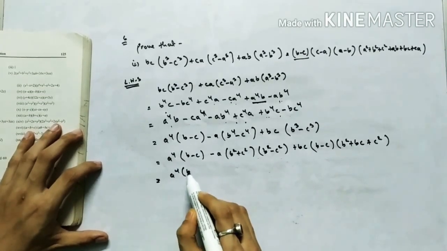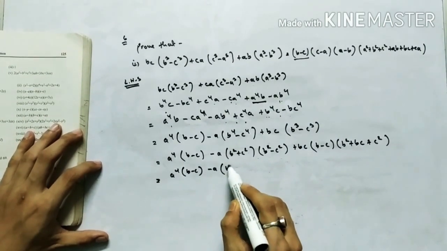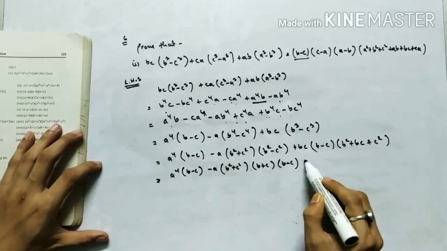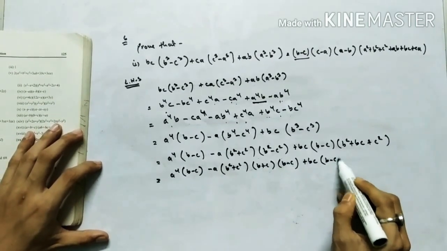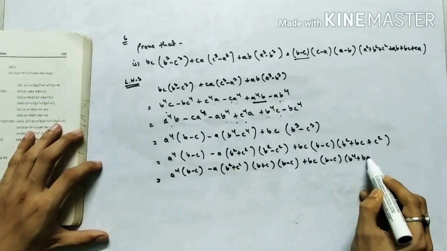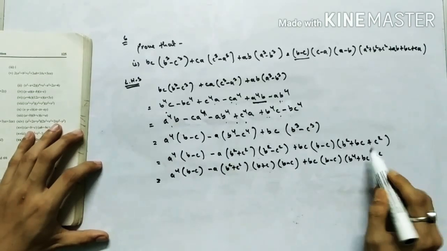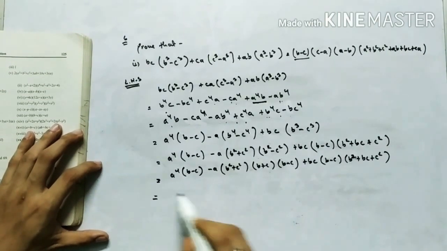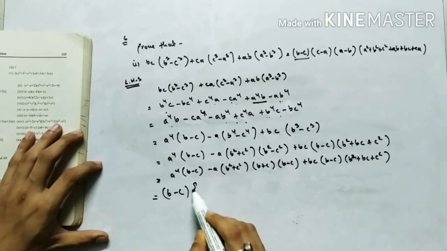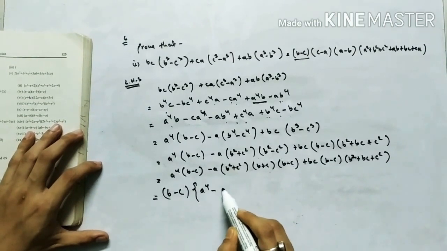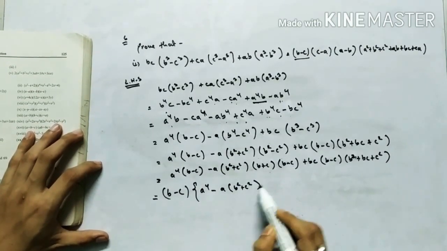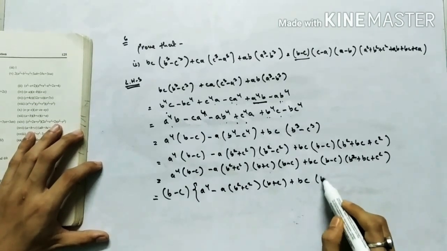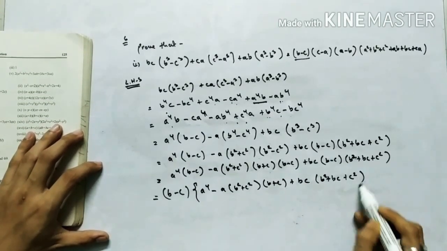So a4 b minus c minus a b square plus c square, this is b plus c into b minus c, plus bc, b minus c, b square plus bc plus c square. Now b minus c I will take common, so I will get a4 minus a b square plus c square b plus c plus bc b square plus bc plus c square.